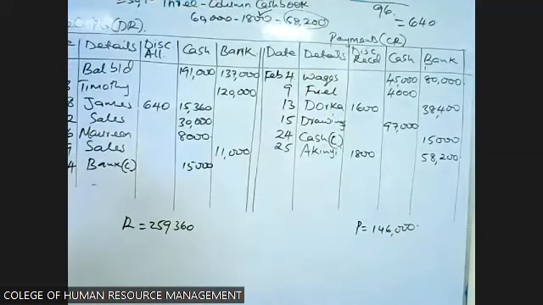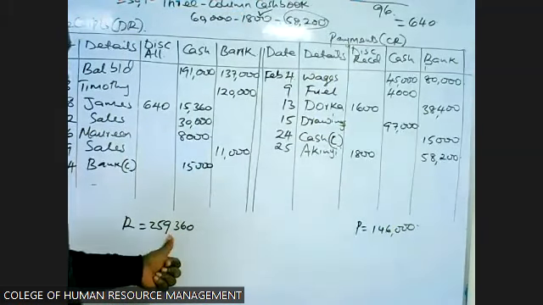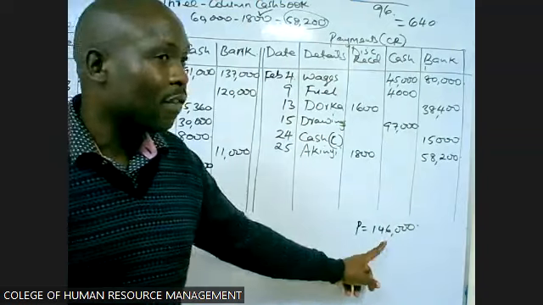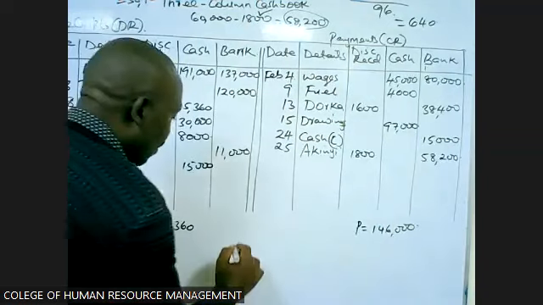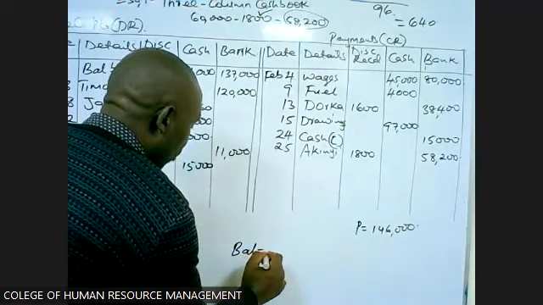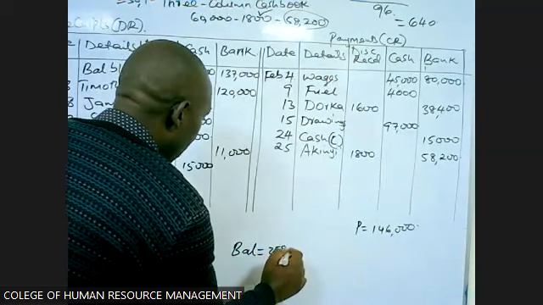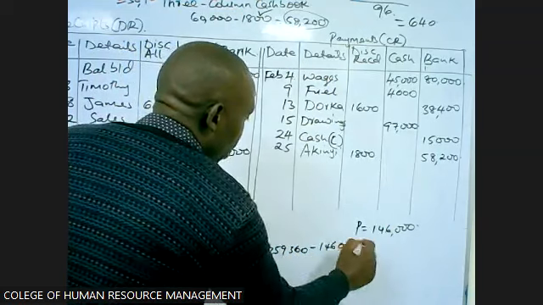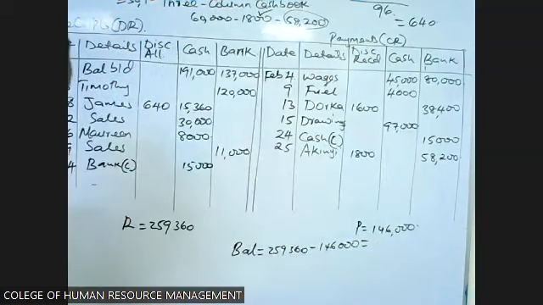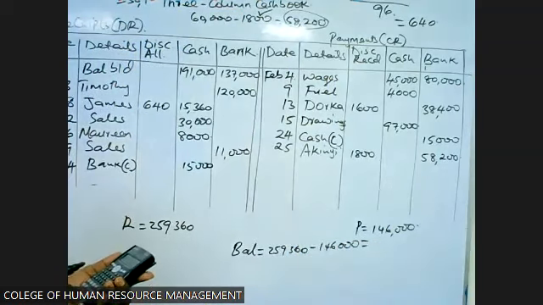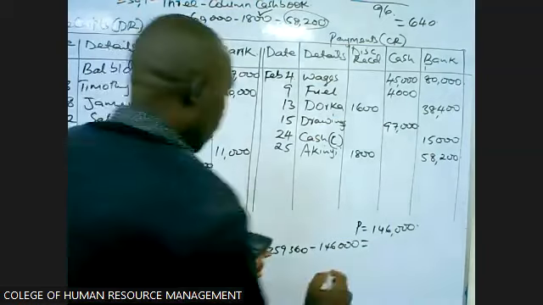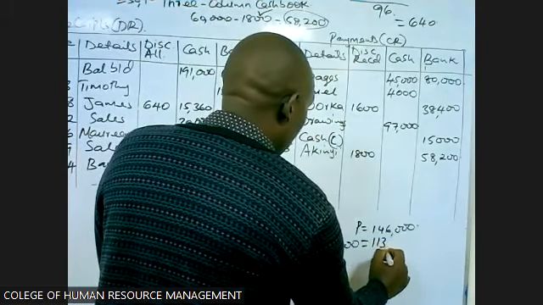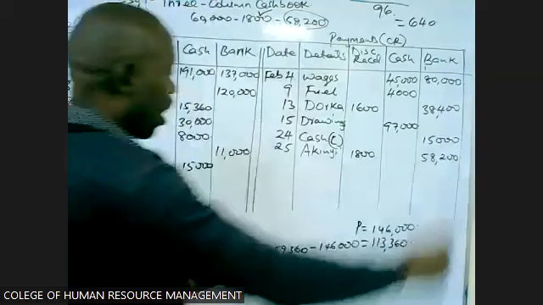Simple calculation tells me that if this is the cash that we received and this is the cash that we paid, then at that date, our cash balance will be 259,360 minus 146,000 that we have spent. So we are going to have a balance of 113,360 cash balance.